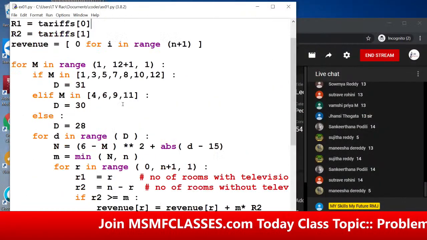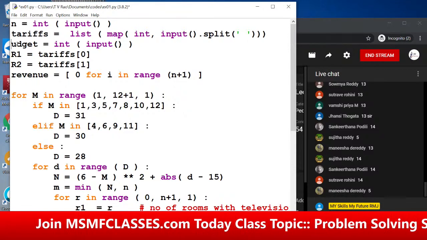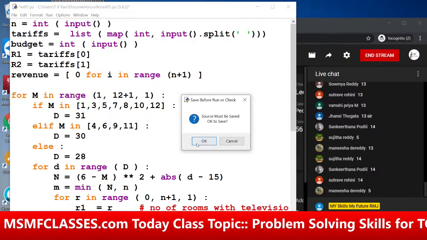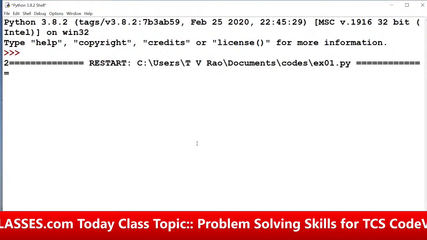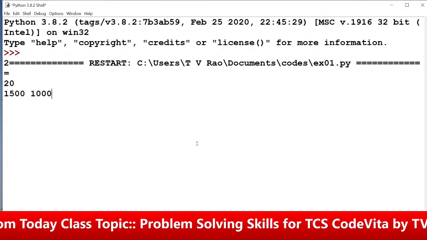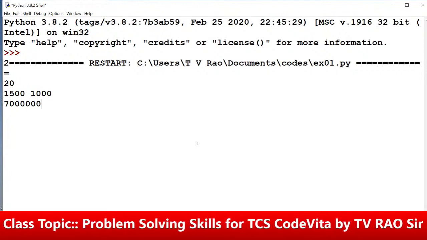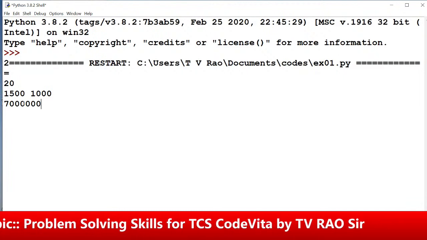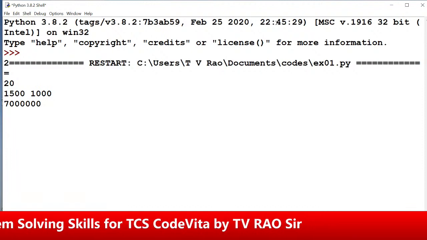Budget is not defined. This is capital B. At 20, 1500, 1000, and this is 70, 7000. Okay, 700, 7000, 70,000. Okay.